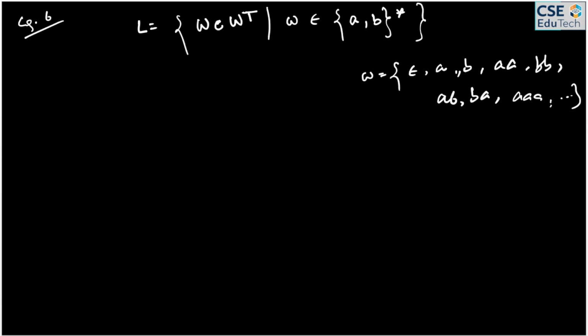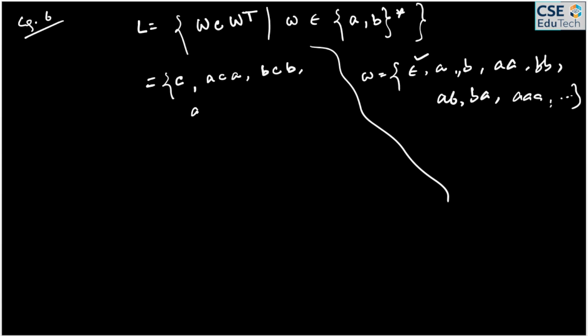Now, first, in this language, what will happen? If we put epsilon, then it will be only c, and if we put a, then it will be a c a. If we put only b, it will be b c b, right? If we put aa, it will be aac aa.